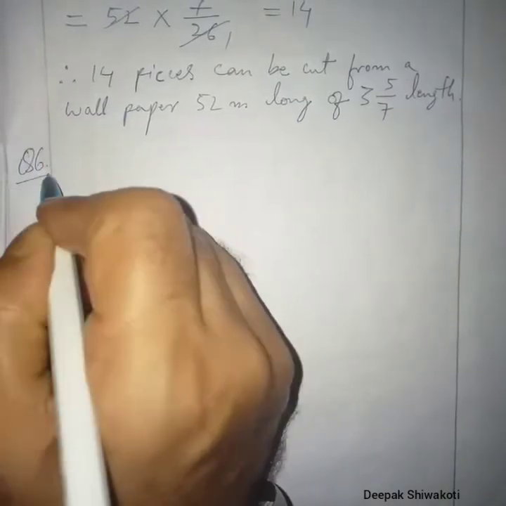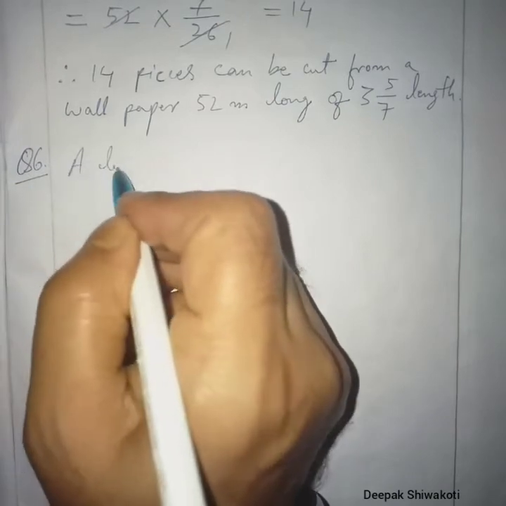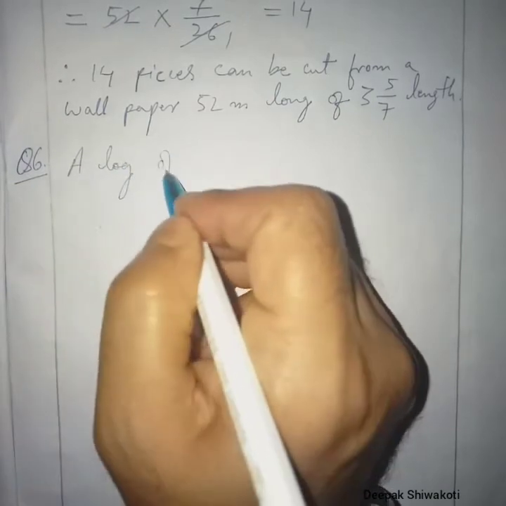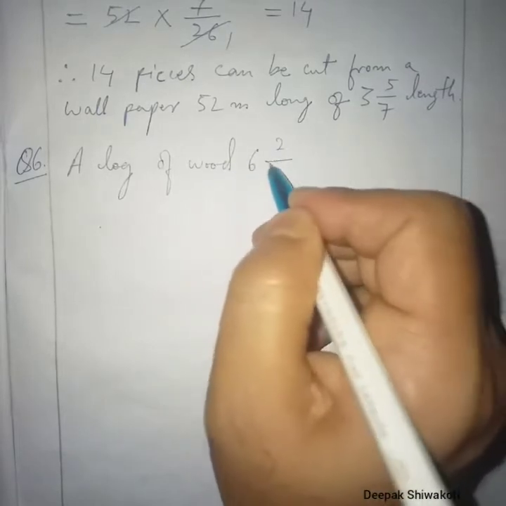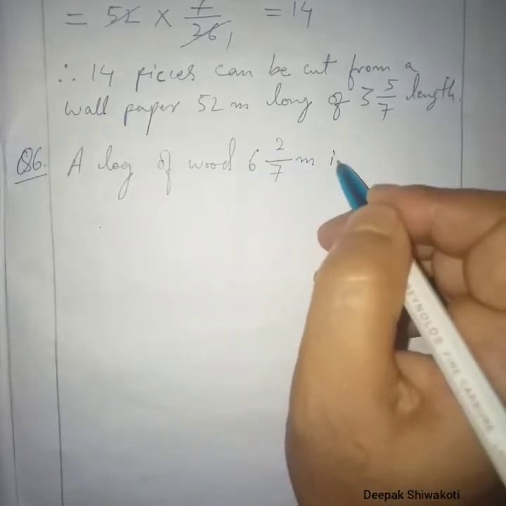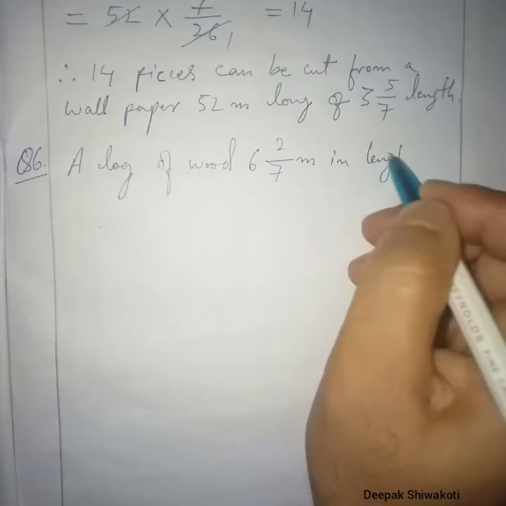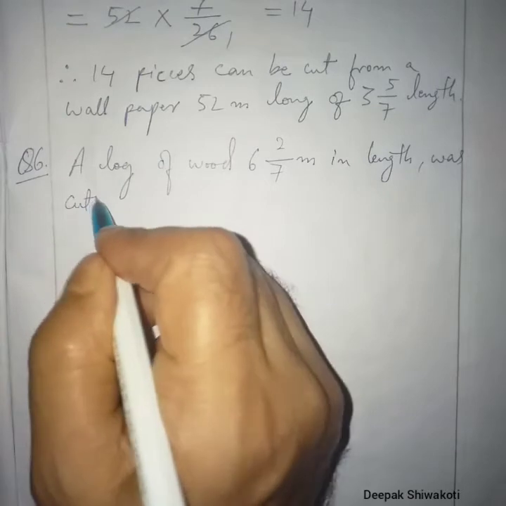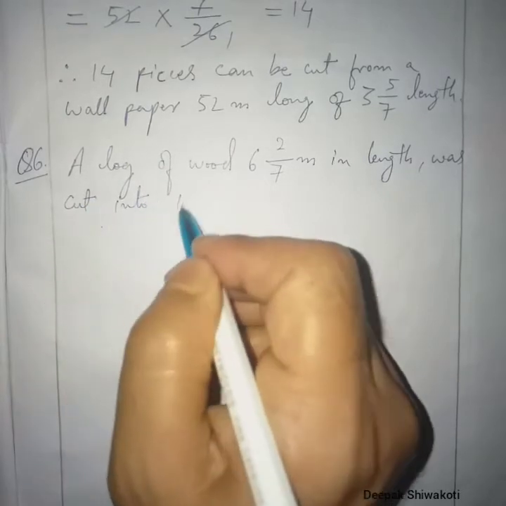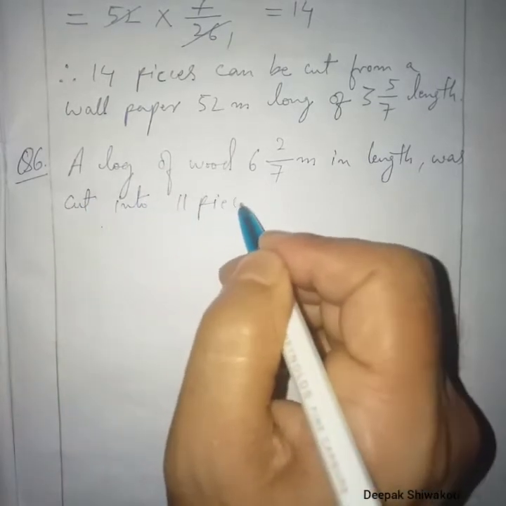Question number 6. A log of wood 6 whole 2 by 7 meter in length was cut into 11 pieces.